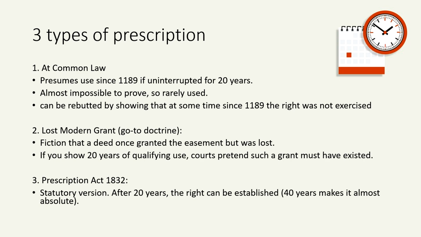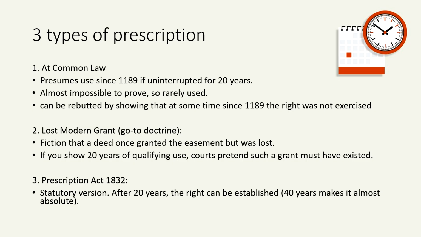So that also means that it's really difficult to prove, and hardly ever do we have anyone trying to rely on prescription at common law, because it's just so easy to rebut it. The only thing the landowner would have to do is to show that since 1189, at some point in time, the right wasn't actually being exercised, or it wasn't anything that was an actual thing capable of being an easement.